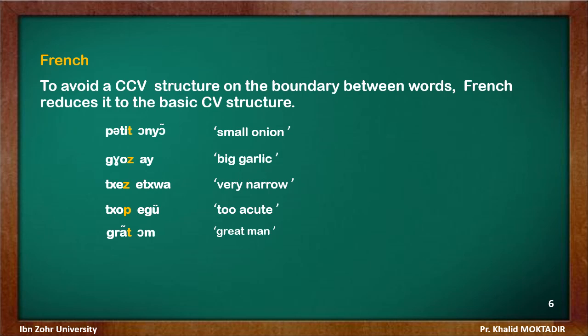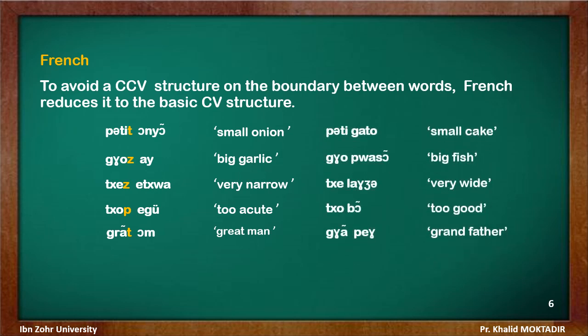So no problem here, the consonants are not dropped. Now, however, when the next word in each pair begins with a consonant, the last consonant of the first word is dropped.